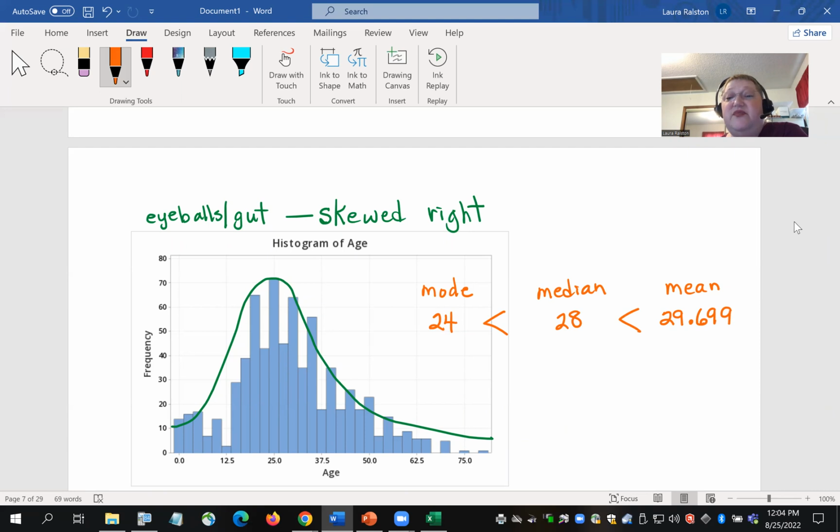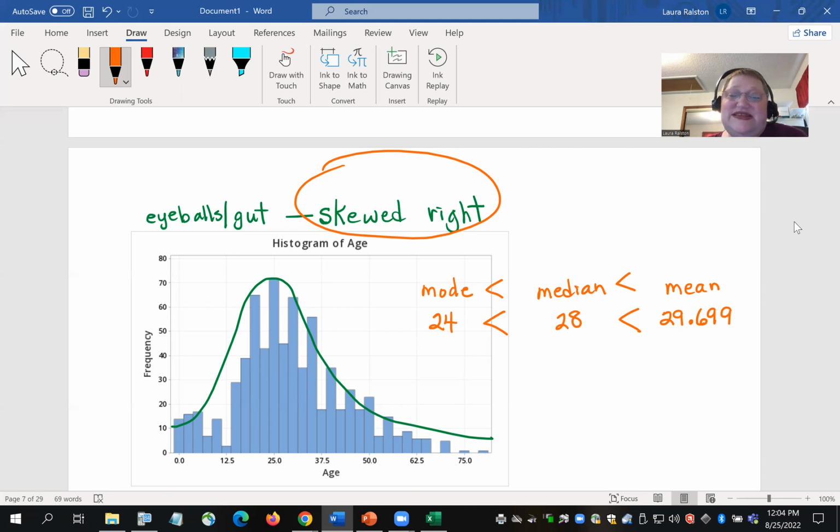So based on the numbers, the mode is less than the median, which is less than the mean, which verifies that the distribution is skewed right. And guys, it's skewed right if it's a histogram, it's skewed right if it's a box plot. The graph doesn't matter because the data doesn't change. Based on the numbers, the data itself is skewed to the right.